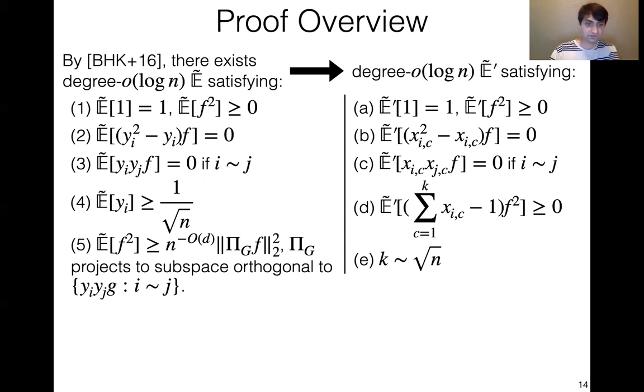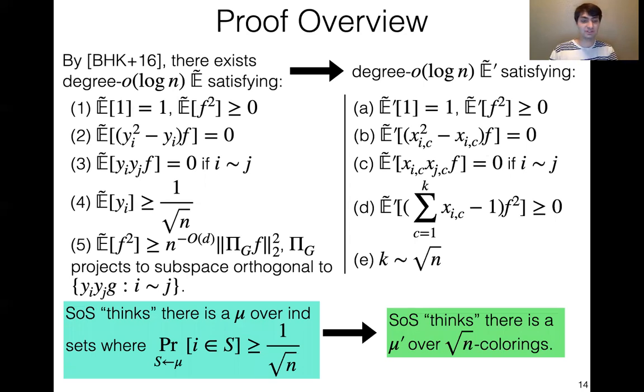They're not too important. And you should think of this intuitively as the thing on the left says that SOS thinks that there is a distribution mu over independent sets where each vertex is in the independent set with some reasonable probability. And we want to show that this implies that SOS thinks there is a distribution mu prime over root n colorings.